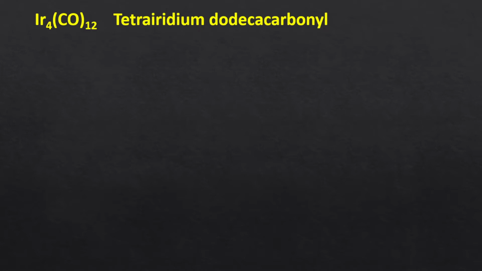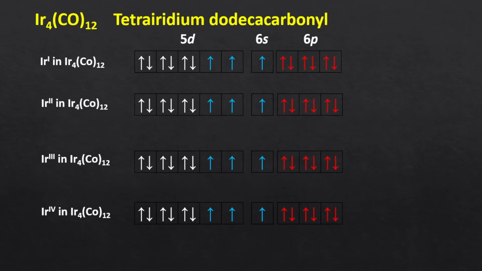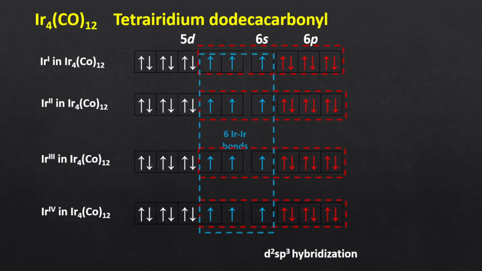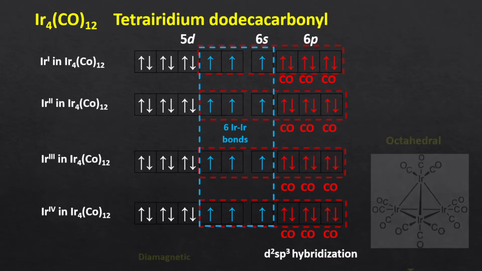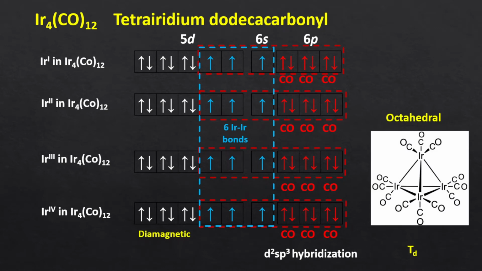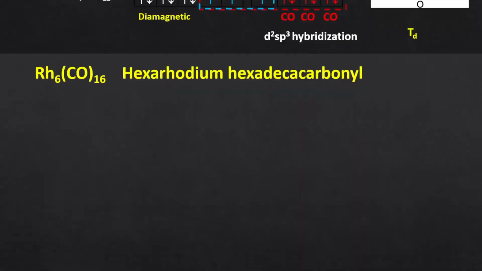All the 4 iridium atoms undergo d2sp3 hybridization and accept 3 pairs of electrons from 3 carbonyl ligands in their 3 vacant d2sp3 hybrid orbitals. 3 hybrid orbitals with an odd electron of each metal get paired to give metal-metal bond formation. Since there is no unpaired electron, this complex is diamagnetic and the geometry is tetrahedral and the point group is also tetrahedral, Td.